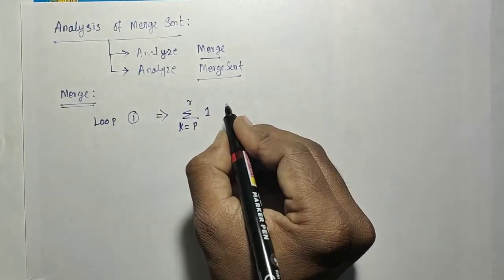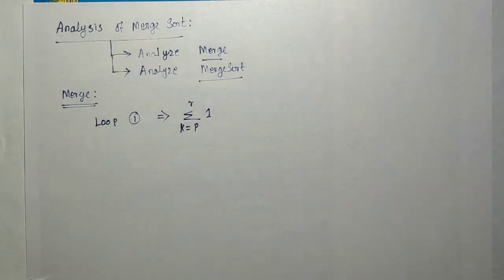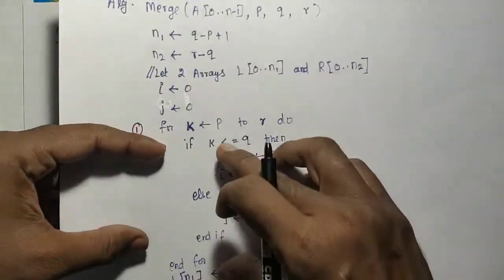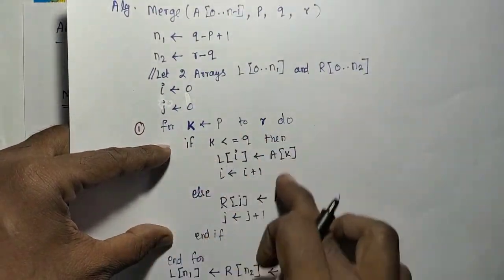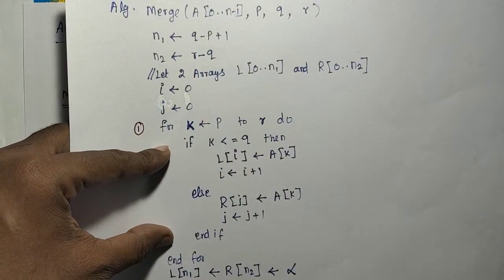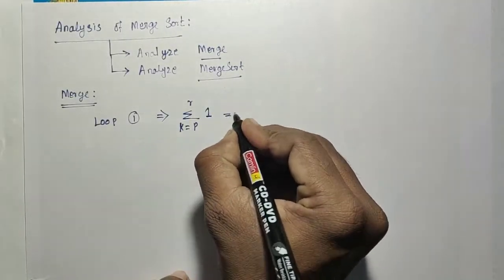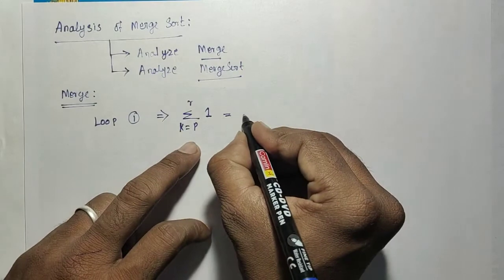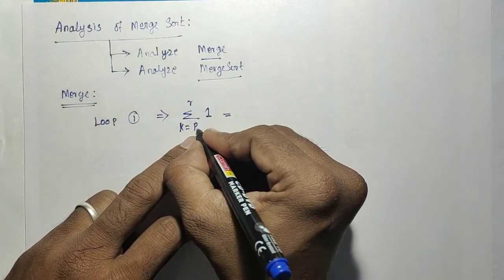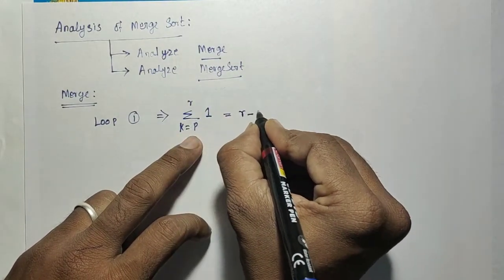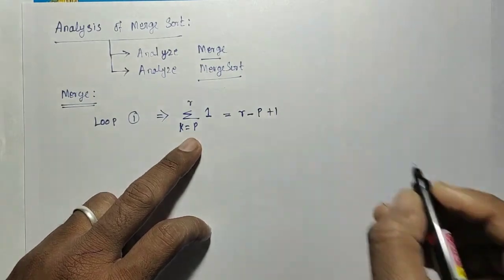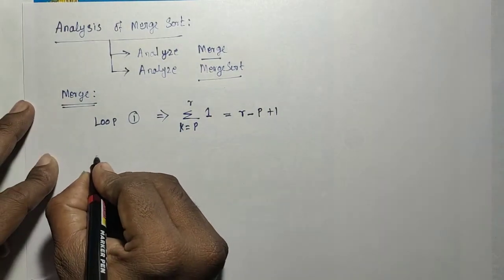The one represents the number of steps involved here. So we take one as the number of steps. Okay, so this can be written as upper minus lower plus 1, that is R minus P plus 1.